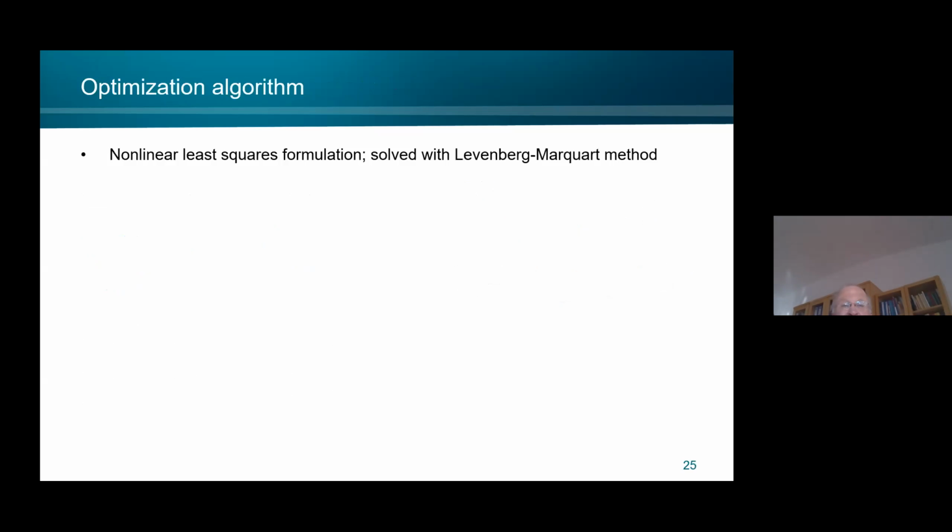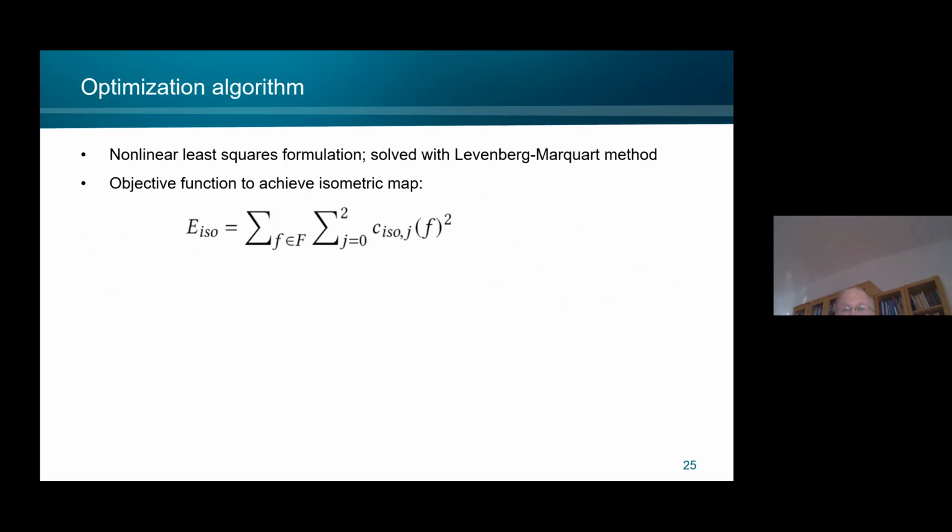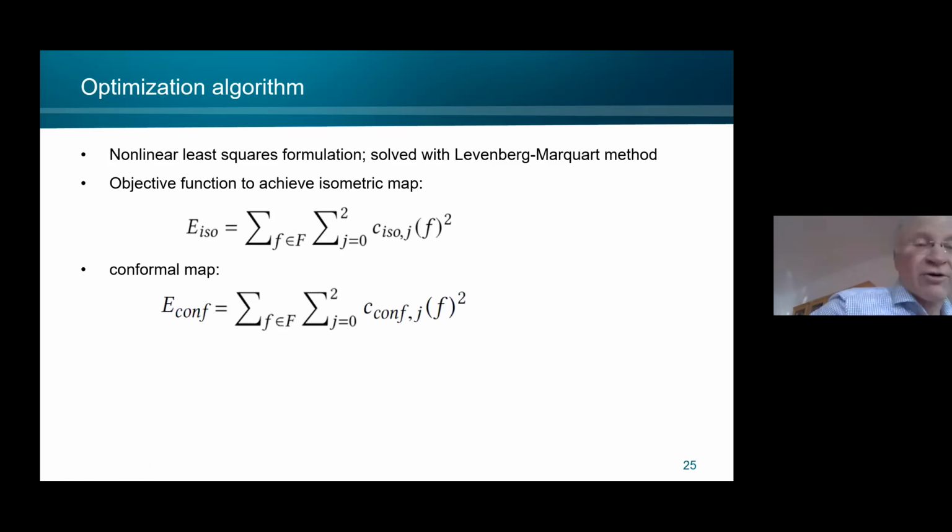This can be easily cast into an optimization algorithm. We use a nonlinear least squares formulation, which is solved with the Levenberg-Marquardt method. The objective function to achieve an isometric map per face, we have to sum up the squares of the three conditions I had before, and we of course sum up over all faces. For conformal mapping, it is analogous.